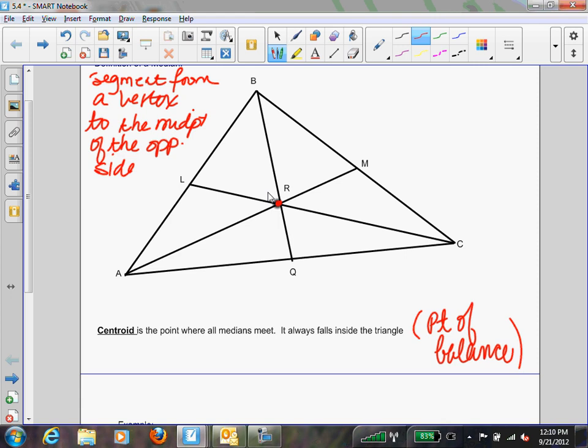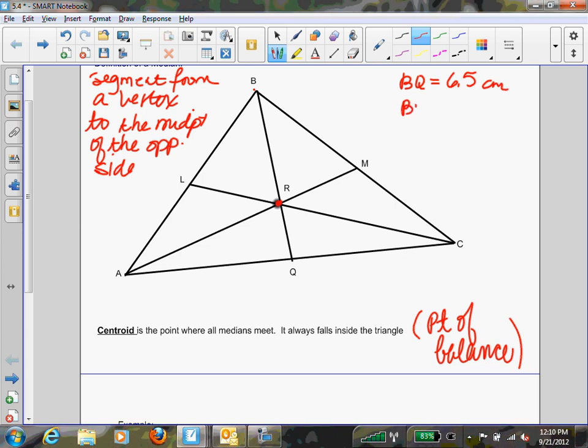Okay. Would you please measure from B to R? This may or may not work. Again, it depends. Okay. So we said that BQ was 6.5 centimeters, right?